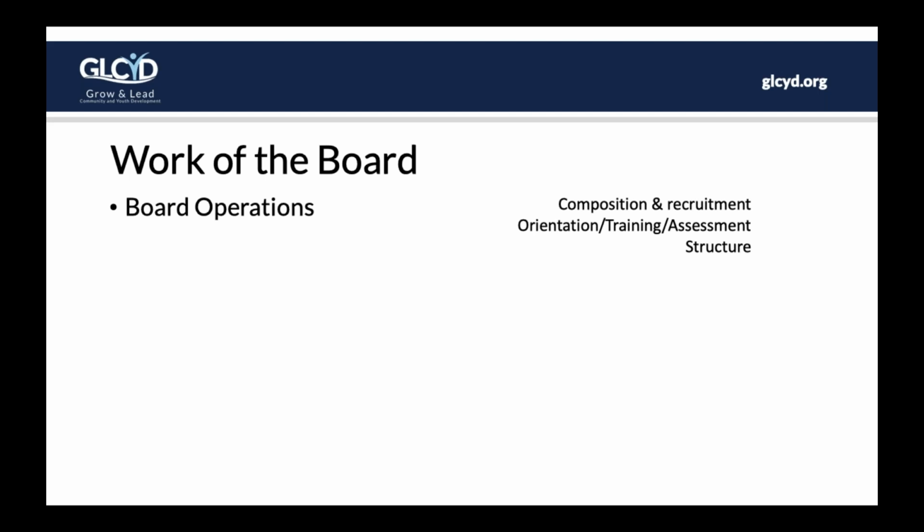The other part of the composition of your board is the different talents and skills and diversity that make up the board. Again, the more diverse board you have, the more ideas and viewpoints and perspectives you're going to get to inform decisions. So it's very healthy to have as diverse a board as you possibly can.